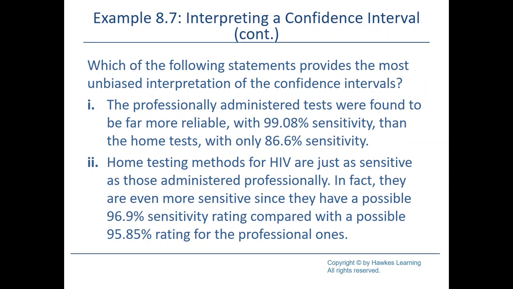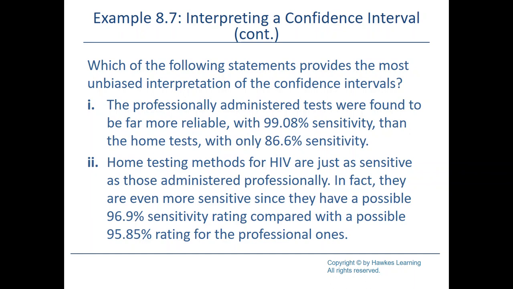Or we can say, home test methods for HIV are just as sensitive as those administered professionally. In fact, they are even more sensitive since they have a possible 96.9% sensitivity compared to the 95.85% for the professional one.